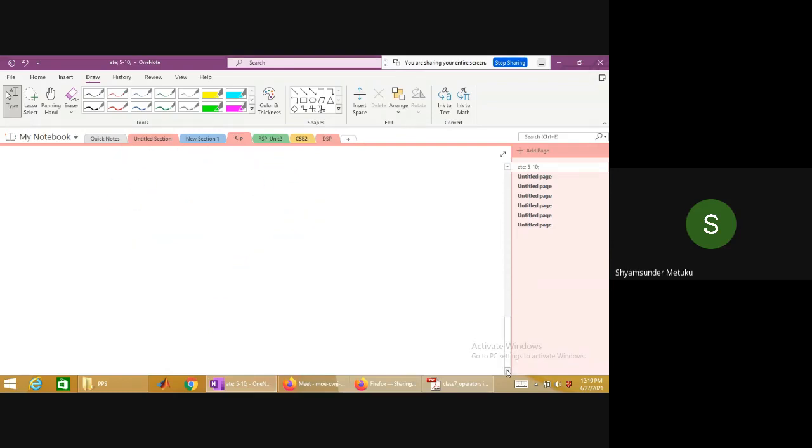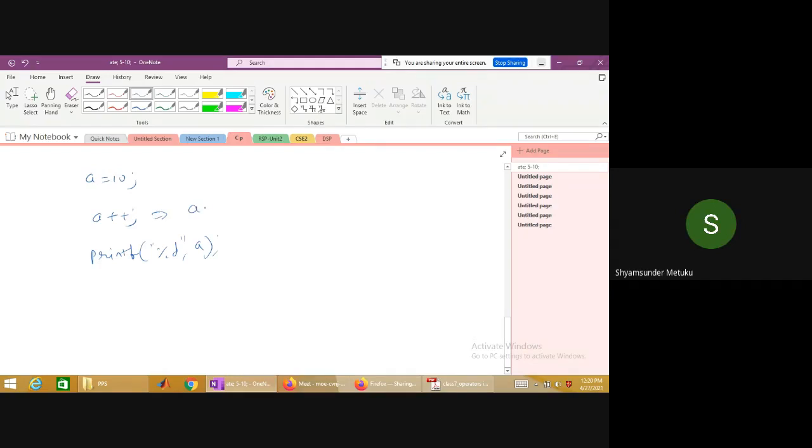So I'm trying to explain here. Suppose A is equal to 10, after declaring, I simply use A++ and then printf percentage d, A. Can you tell me what is the value of A now? 11.